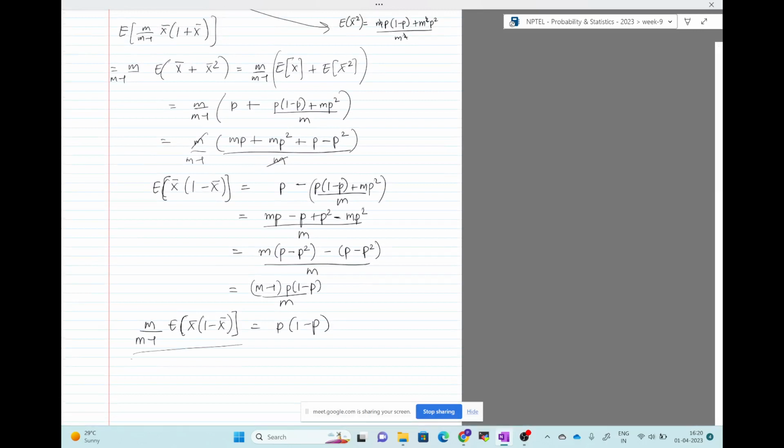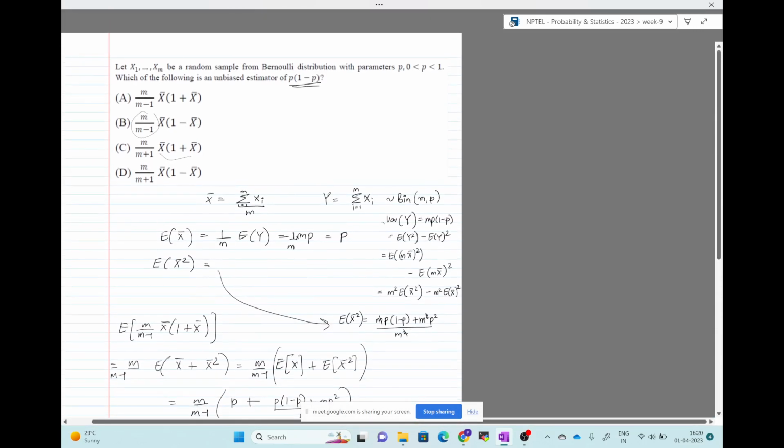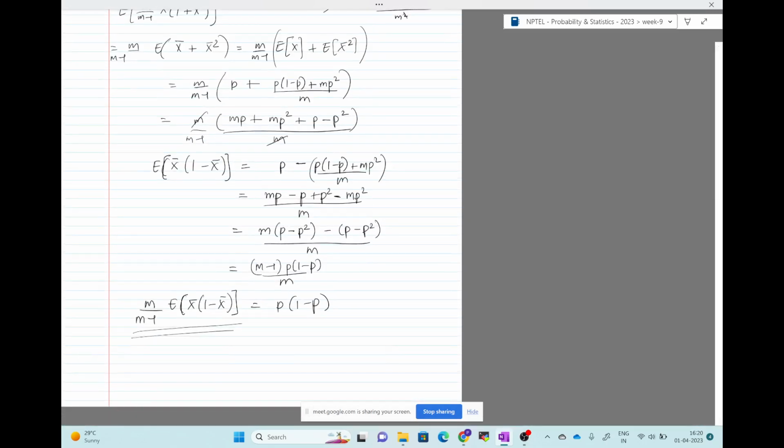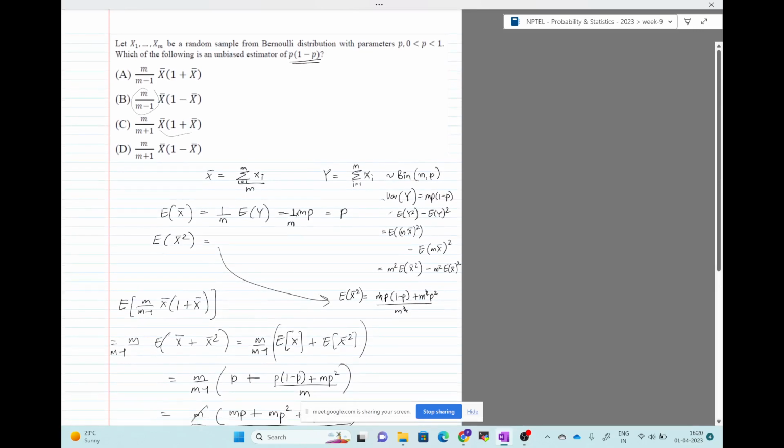So this is the unbiased estimator, and we can take the expectation outside and this will be the answer.